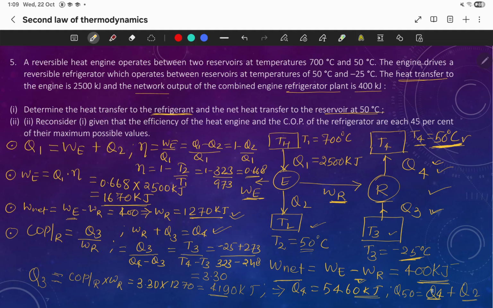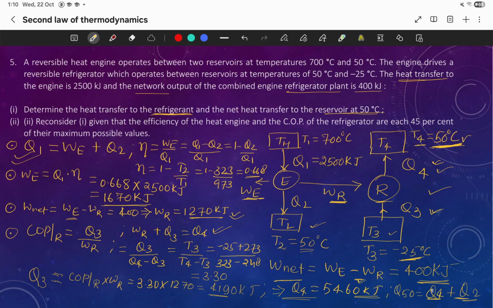So Q4 we have calculated from this relation, and Q2 you can calculate from this relation, and just add these two values. So we will get the final answer. So this is the solution for part 1.